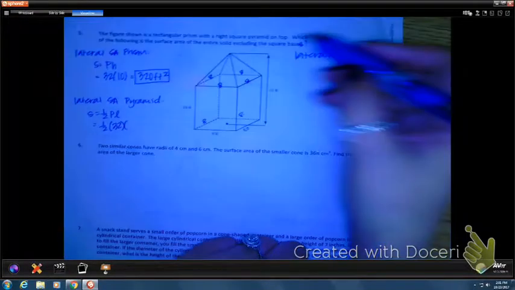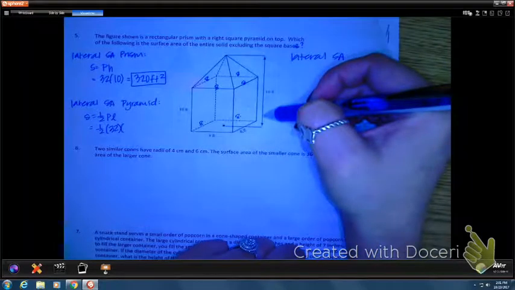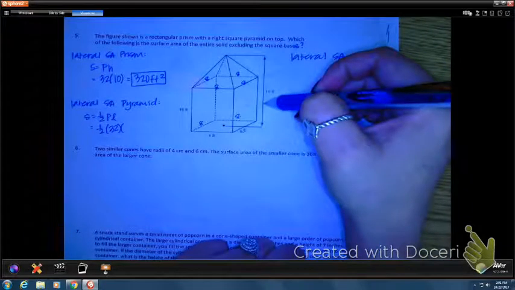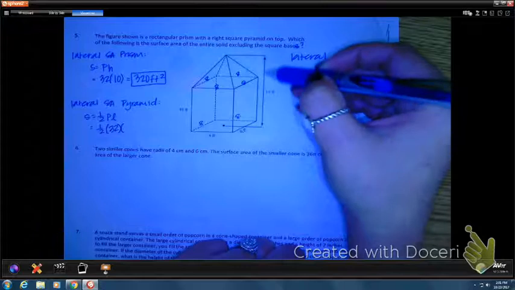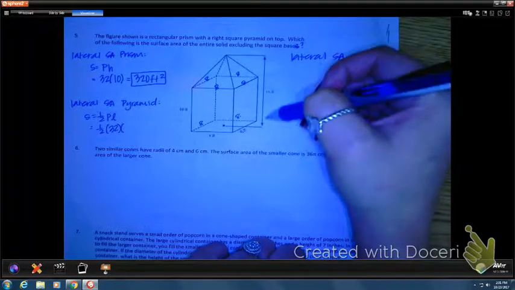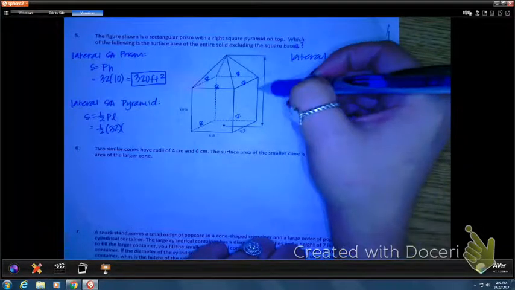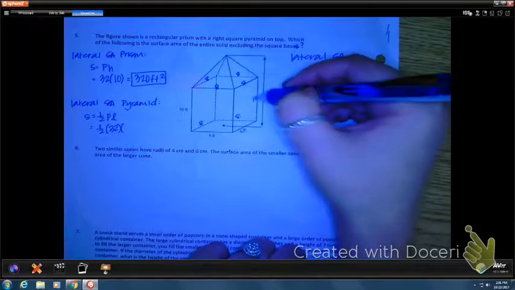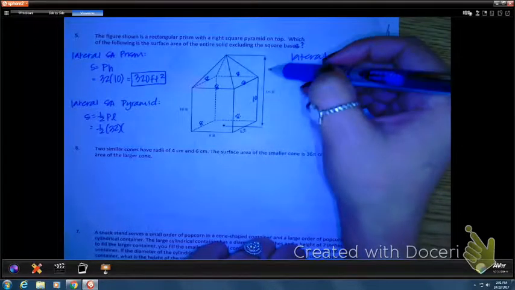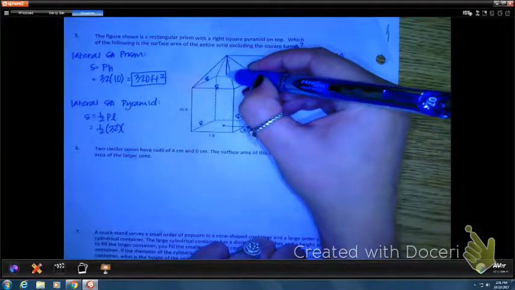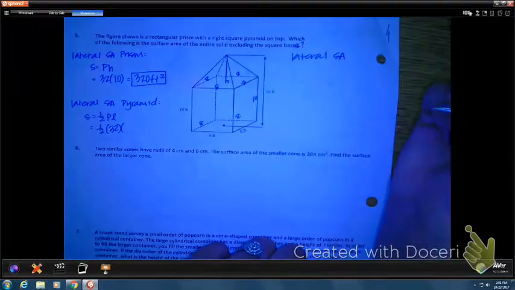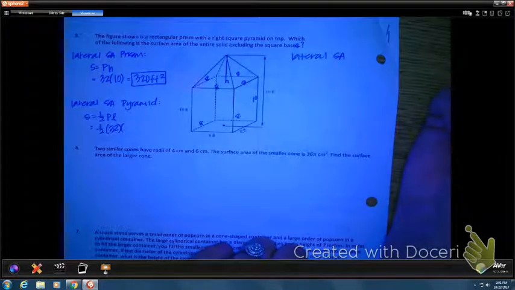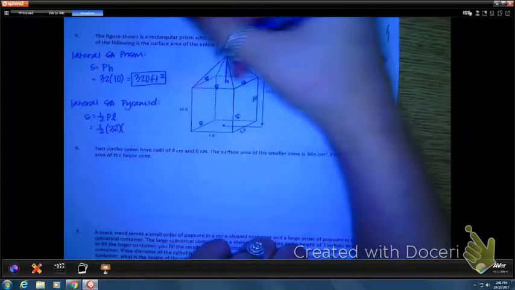If we know that the entire height of our 3D figure here, our composite figure, is 16, and the height of the prism is 10, that leaves us with a height of what for our pyramid? Hopefully you said 6 feet.